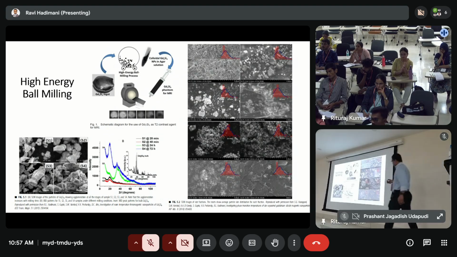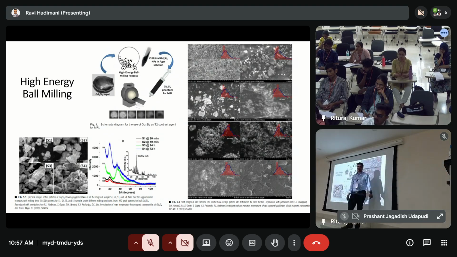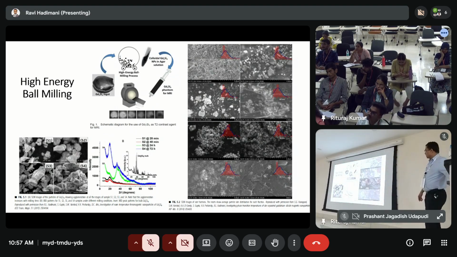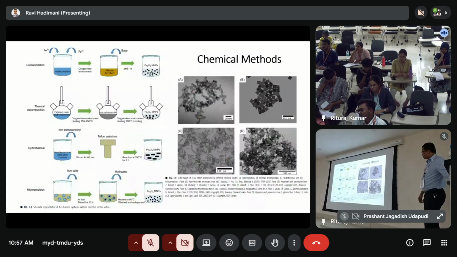We still had a lot of amorphous particles, but also a large amount of crystalline particles. Then you use some size separation technique and get monodispersed nanoparticles within certain sizes. And here is the SEM image of the nanoparticles.